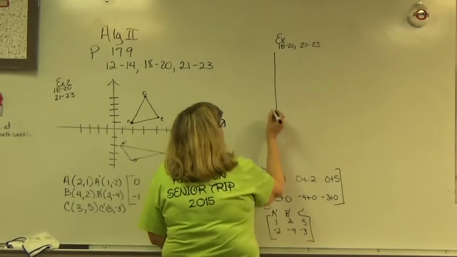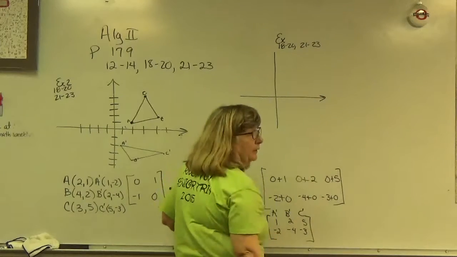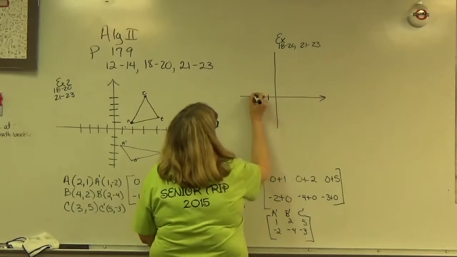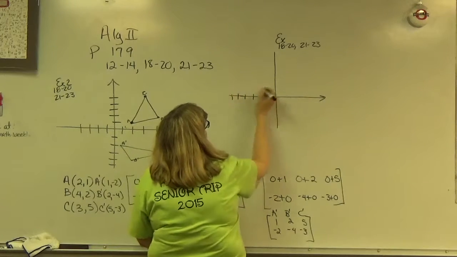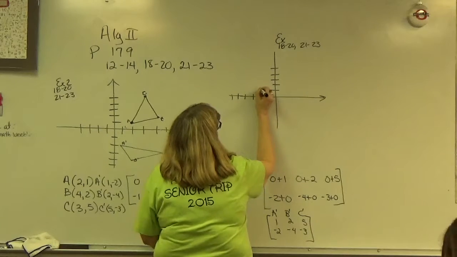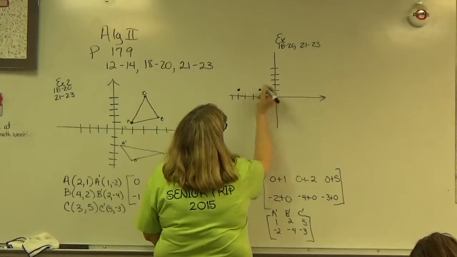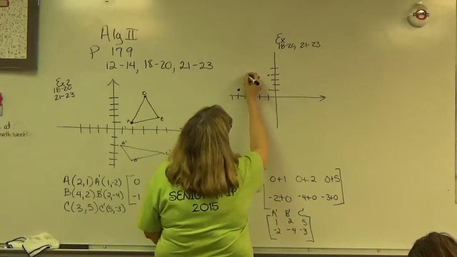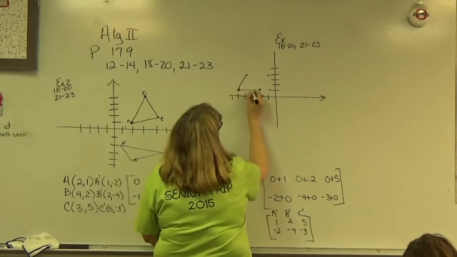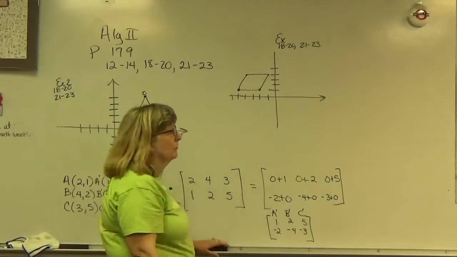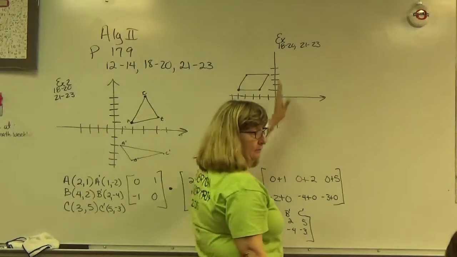Let's say that I pick this time not a triangle, but a quadrilateral. And let's do a reflection where it reflects around the y-axis.